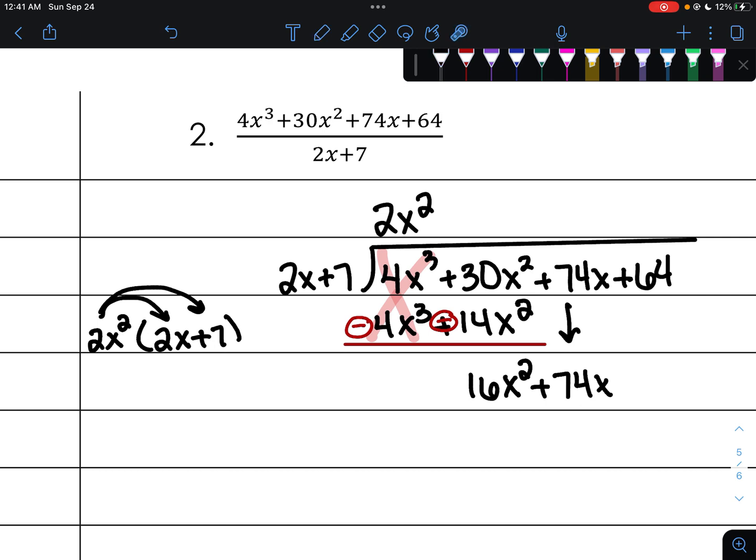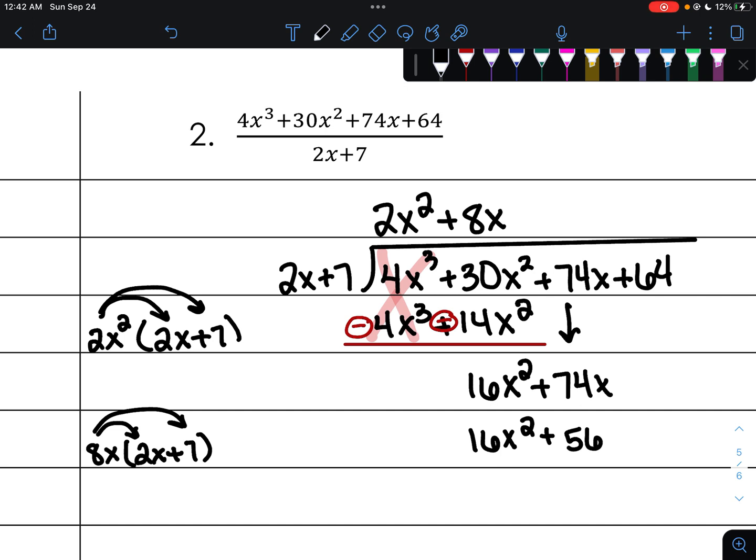From here, we ask ourselves, what do we need to multiply 2x by to get 16x squared? And that is just an 8x. So I'm going to multiply 8x times 2x plus 7. 8x times 2x is 16x squared. 8x times 7 is a positive 56x.